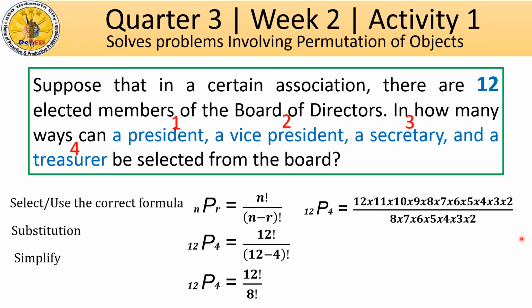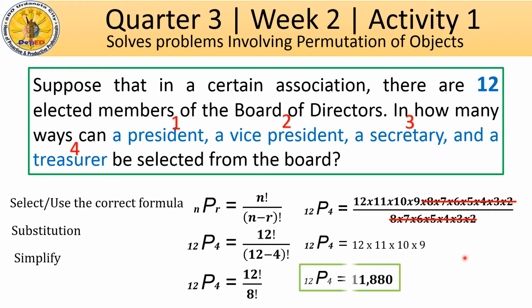Then do the cancellation. Then what is left is 12 times 11 times 10 times 9. And that is equal to 11,880. So the permutation of 12 objects taken 4 at a time is equal to 11,880.